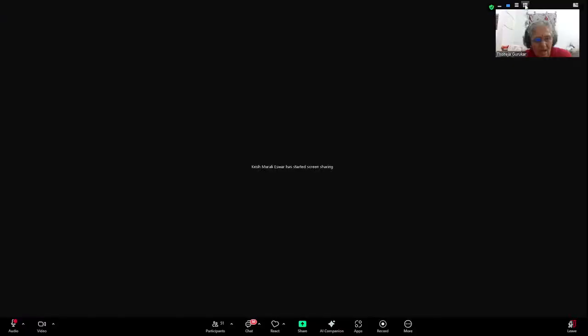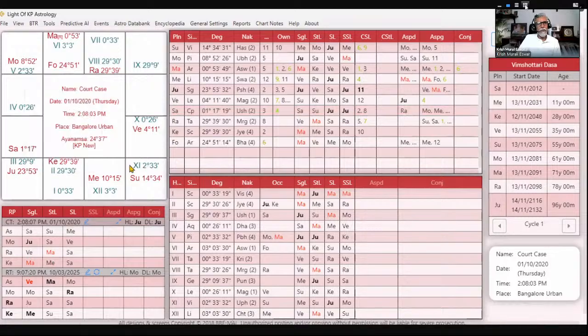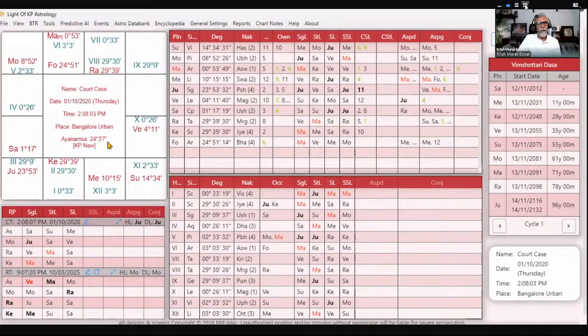Okay. In that, towards the end, I think Ketu is opposed to Rahu, and Rahu's in the star of a planet that is retrograde. 12th cuspal's lord. Oh, wait. Court case. No. 12th cuspal's lord is Venus.